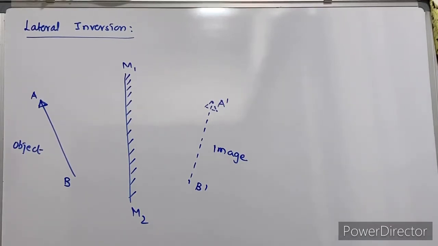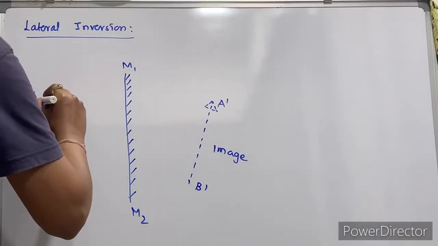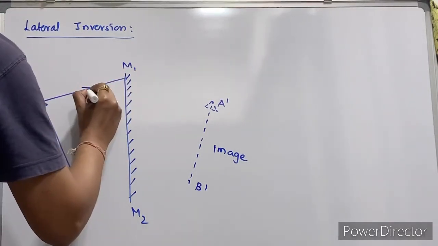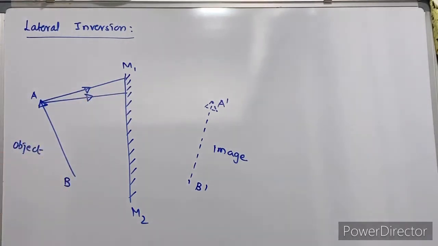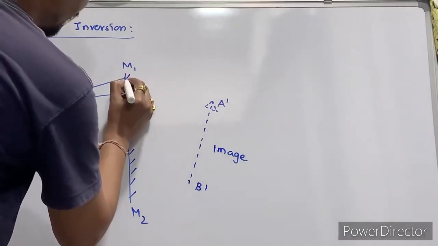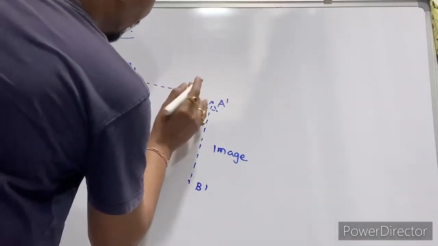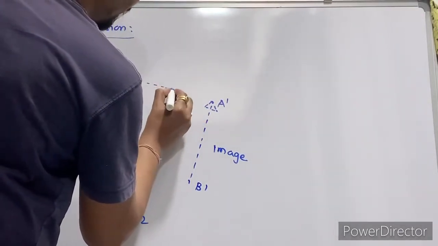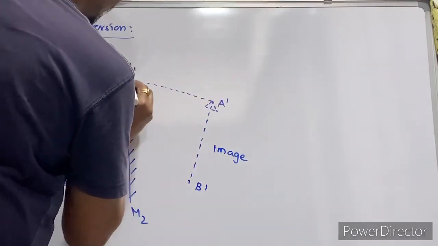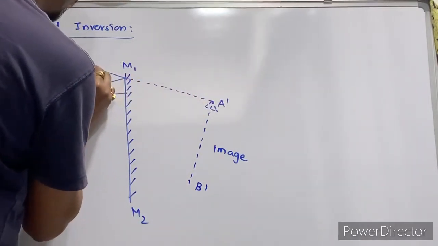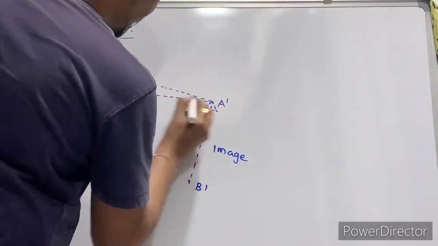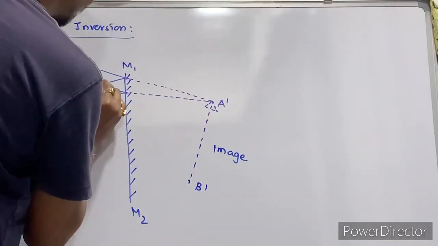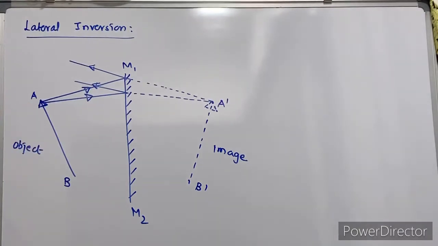Now from here I will draw two rays. This is the first incident ray. This is the second incident ray. I will join this point with A dash and continue it like this. This is the reflected ray.